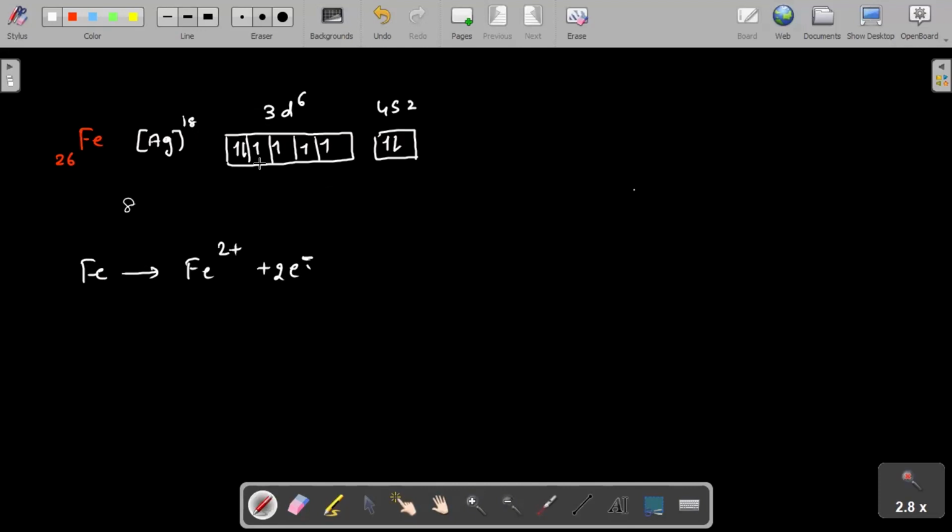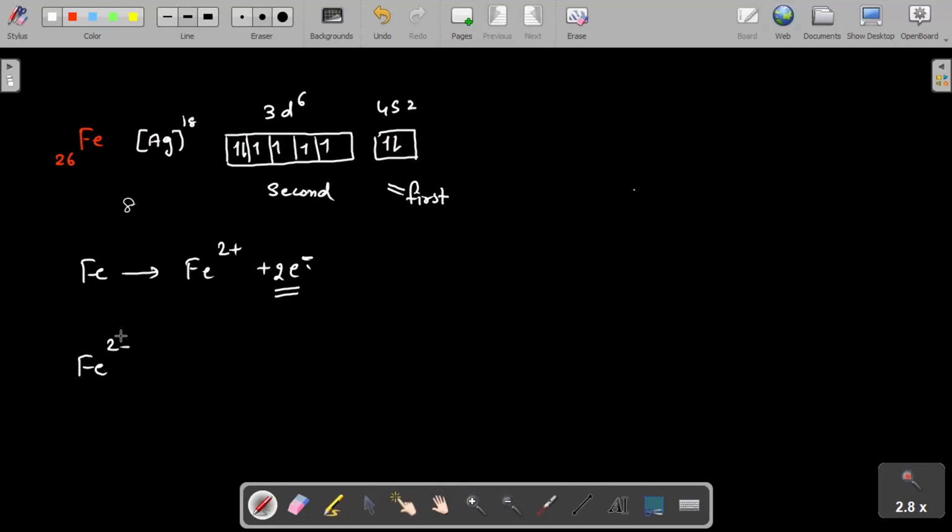Remember, while filling electrons, we fill the s orbital first, and then the leftover electrons go in the d orbital. While removing, we follow the same order. So if I have to take out 2 electrons, I will not take them from the d orbital, but from the s orbital.